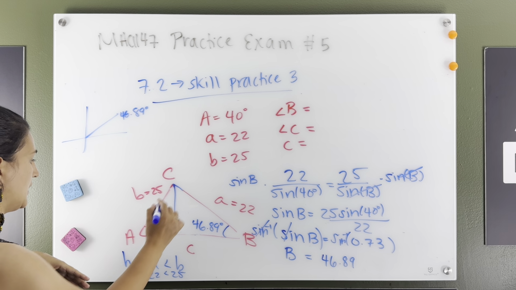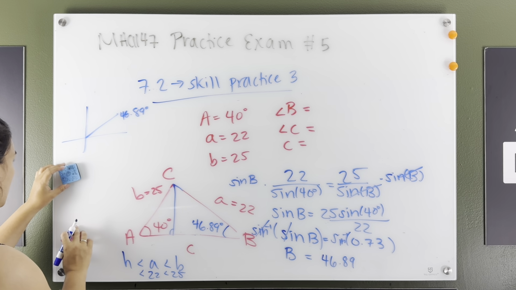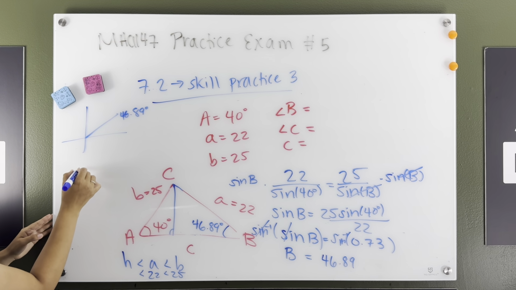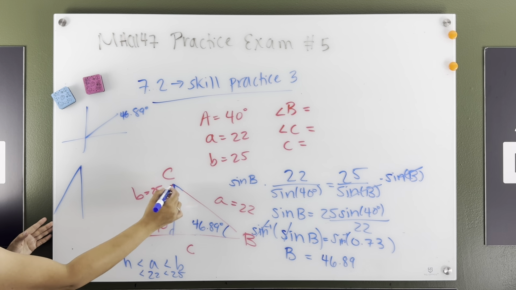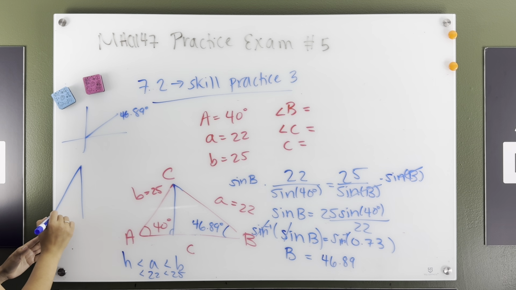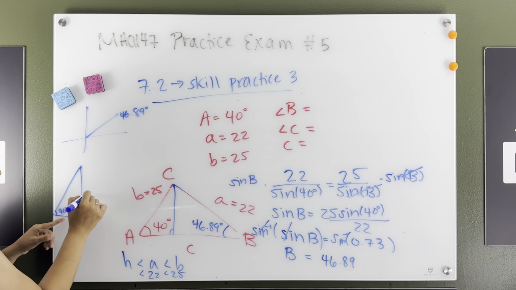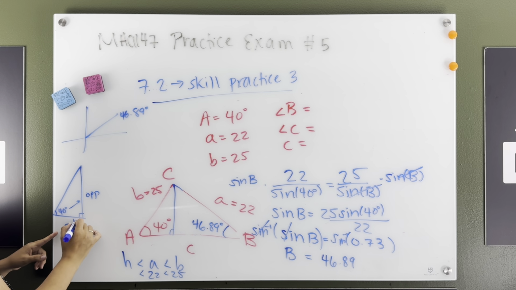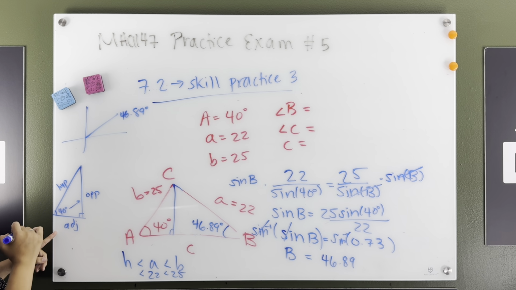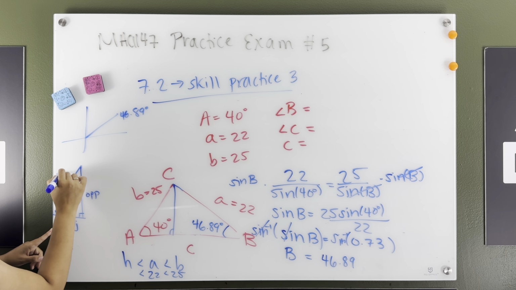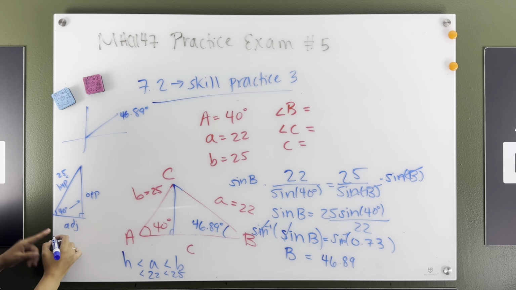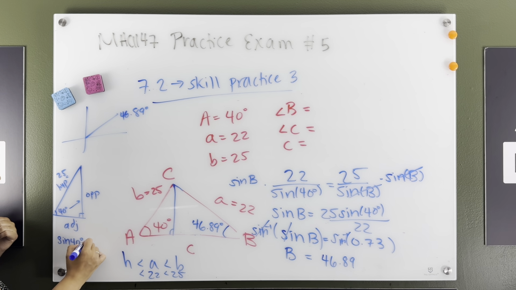You could create a 90-degree triangle. Okay, I'll do it really quickly over here. So we could create a 90-degree triangle within this possible triangle. We can use the fact that we have this angle here of 40 degrees. This would be the opposite, here we have adjacent, here we have hypotenuse. And they give us hypotenuse is 25, right? So going back to 7.1, if I use the sine function, sine of 40 degrees is opposite over hypotenuse.